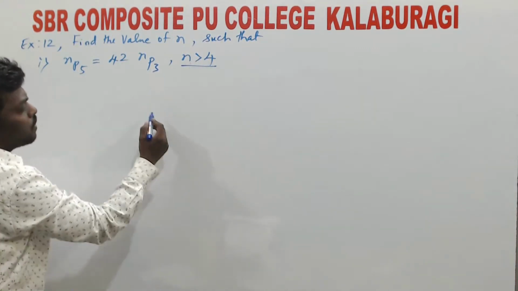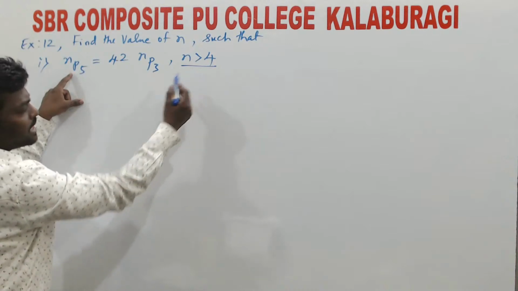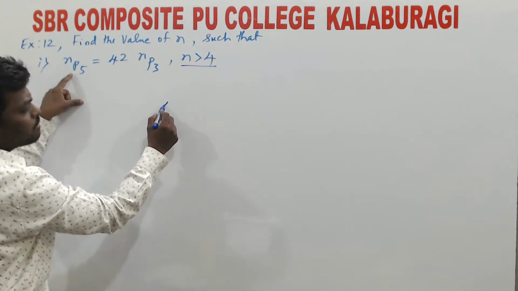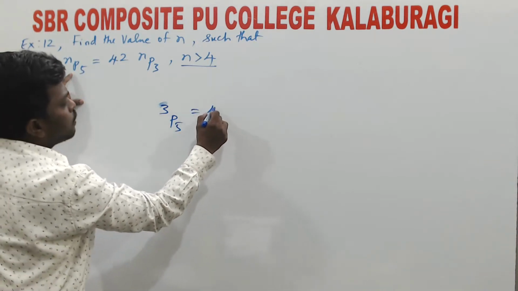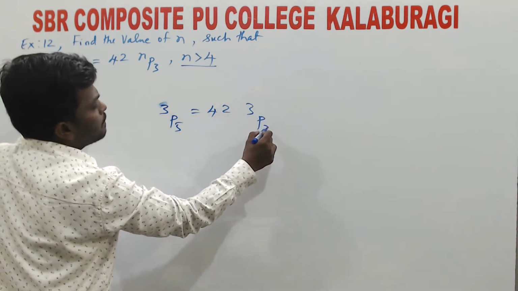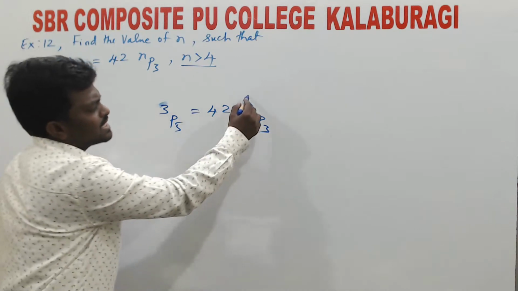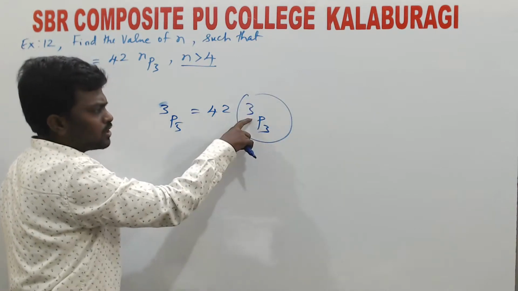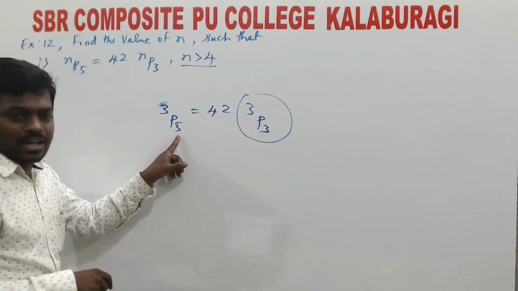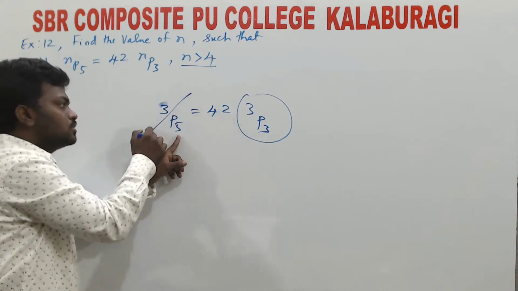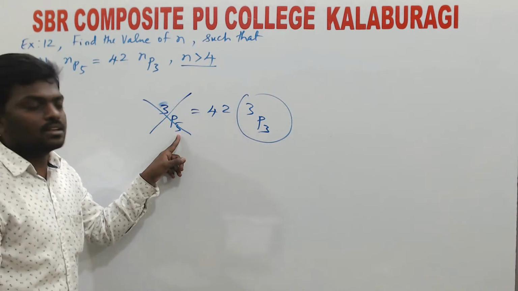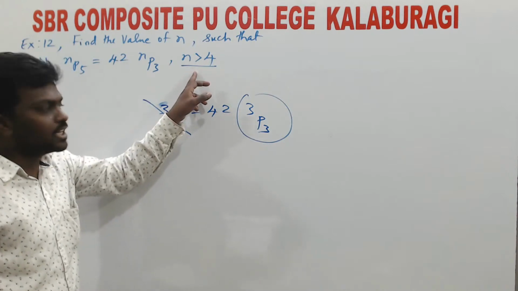So n equal to 3: 3P5 equal to 42 into 3P3. 3P3 you can arrange, 3 out of 3. But can you arrange 5 objects out of 3 objects? So this left hand side fails.